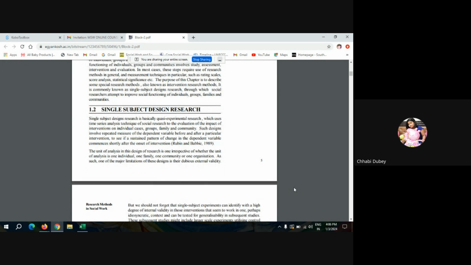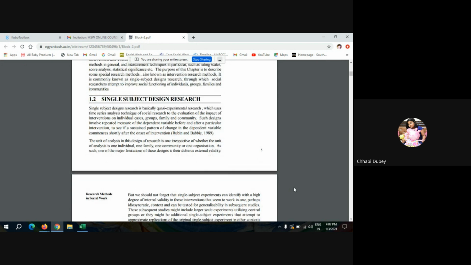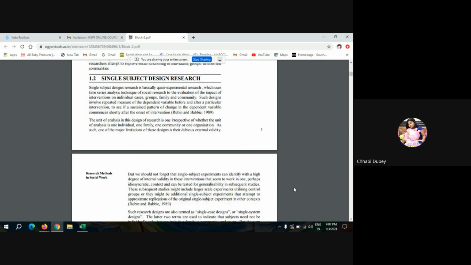Now, here the unit of analysis in this design is one, irrespective of whether the unit of analysis is an individual, family, community, or organization. Okay. And one of the major limitations, as we have already seen, is external validity. Since it is a dependent variable, it is likely to change with changes in external conditions.